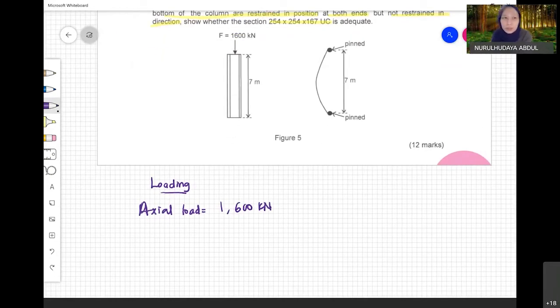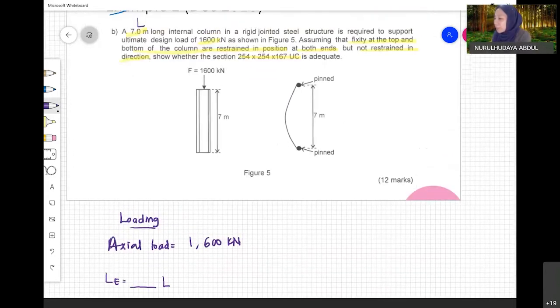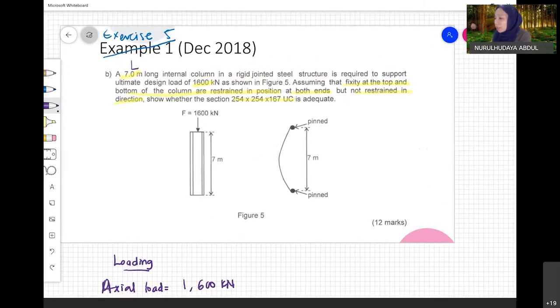What we do next is kita dapatkan dia punya LE. Macam mana nak cari LE, which is the effective length? Bukan formula, dia punya factor. Factor dia kita tak tahu berapa. So factor ni depends on the end fixity of the column. Fixity, kena tengok on the question again.